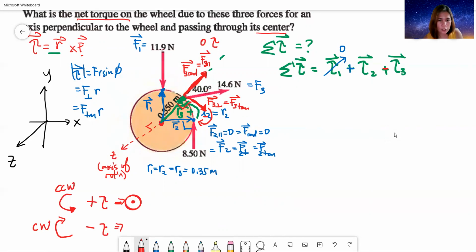So the direction of torque, this is direction of torque, whereas this one is direction of rotation. So clockwise would be, this is the symbol for the direction, which is going towards negative z axis or negative k hat.